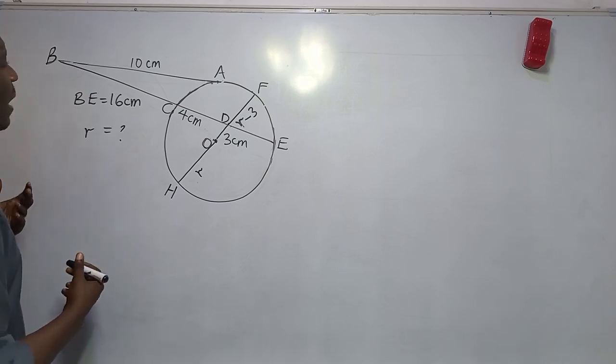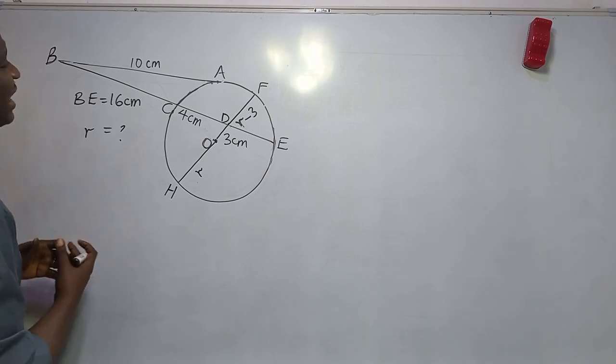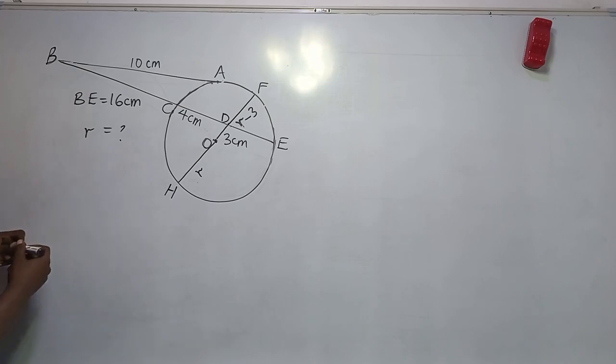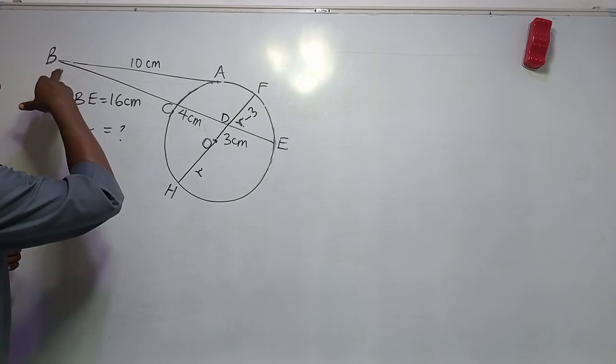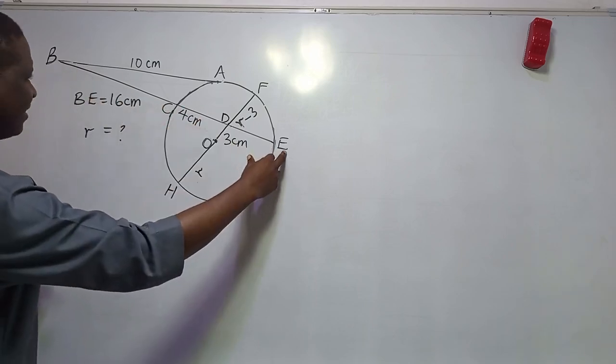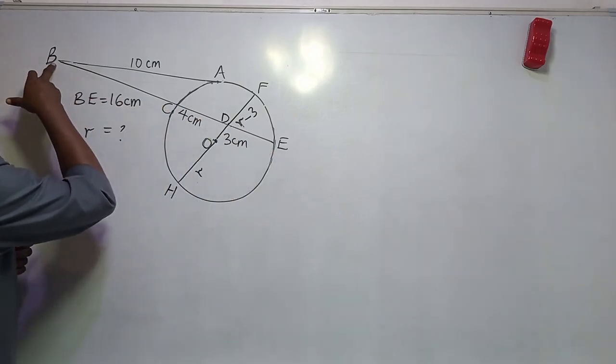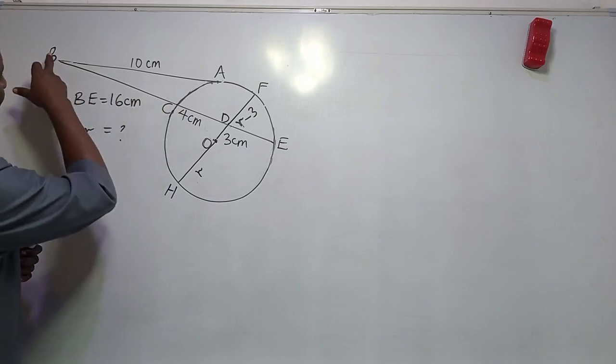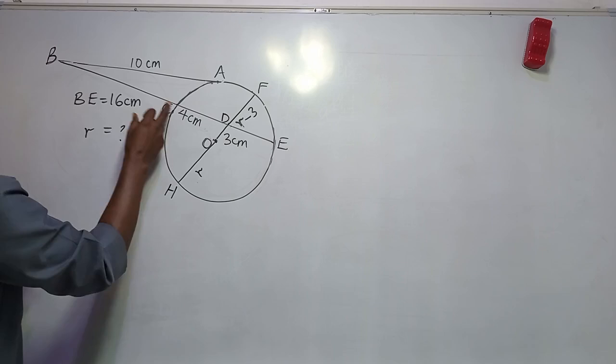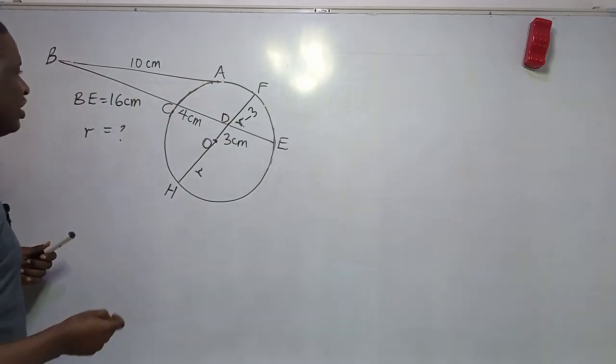There is a rule that relates a tangent and a secant. That rule says the full segment of a secant times the part of the secant outside the circle is equal to the square of the tangent.